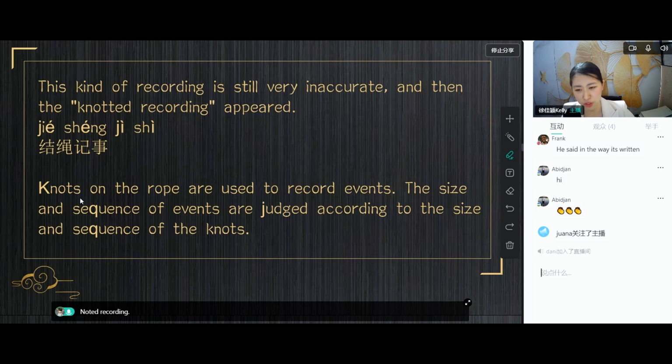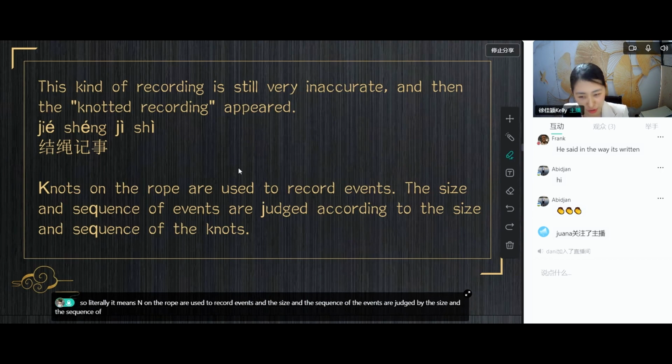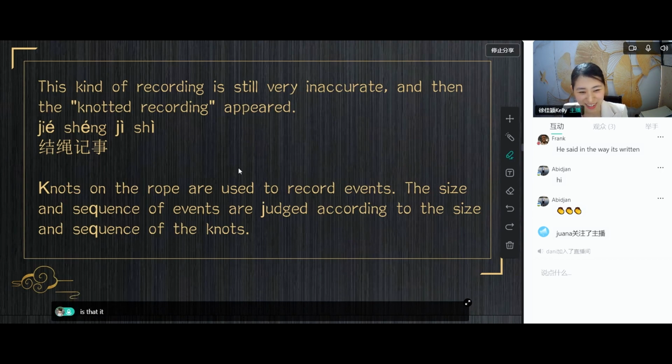So literally it means knots on a rope are used to record events, and the size and the sequence of the events are judged by the size and the sequence of the knots. Is that interesting? There were no characters invented at that time.